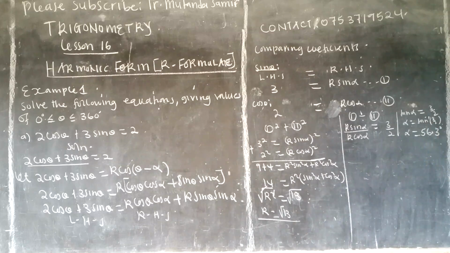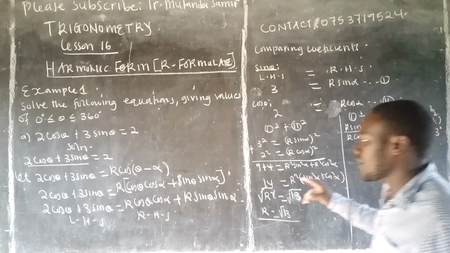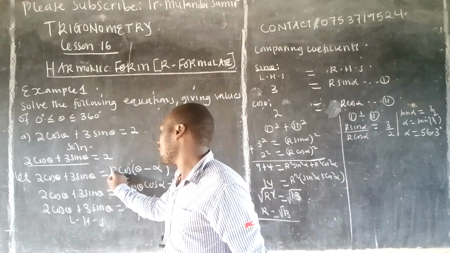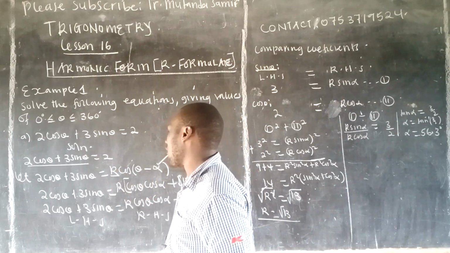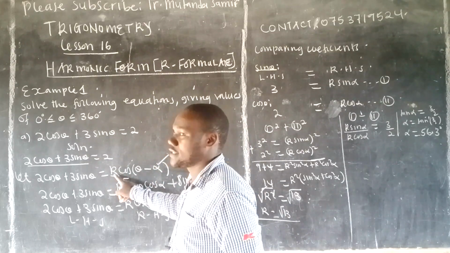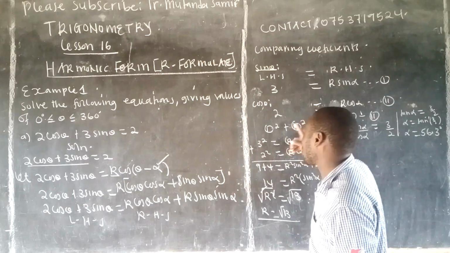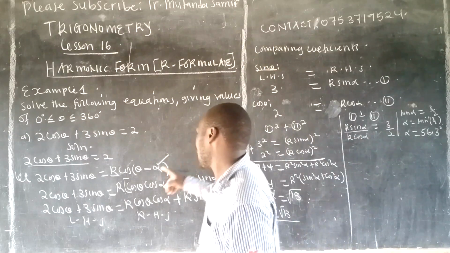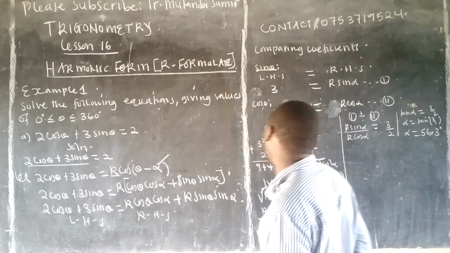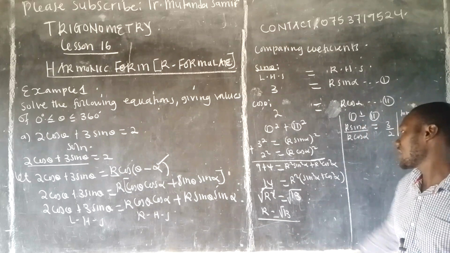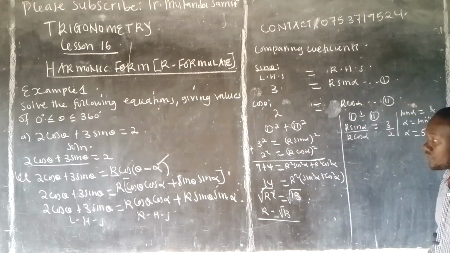Now listen, our aim why we proceeded like that is we wanted to get the value of r and the value of alpha. To get the value of r, you add equation 1 and equation 2 squared. Then to get the value of alpha, you just divide. We have the value of r is root 13, and the value of alpha is 56.3 degrees.